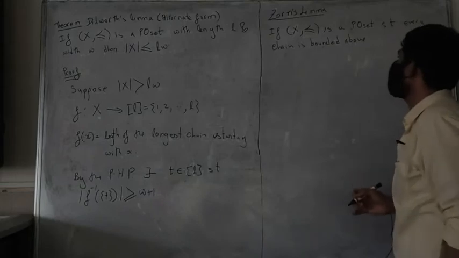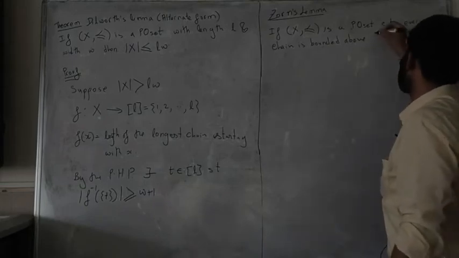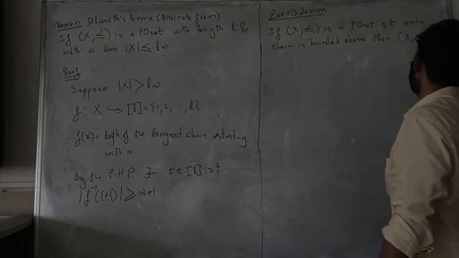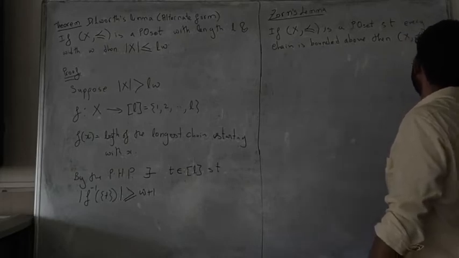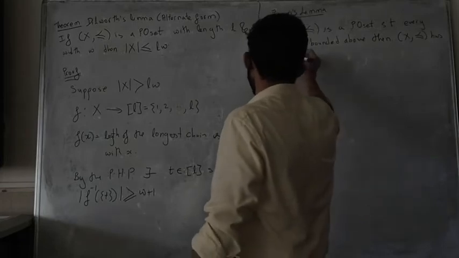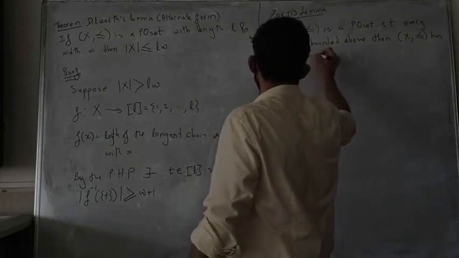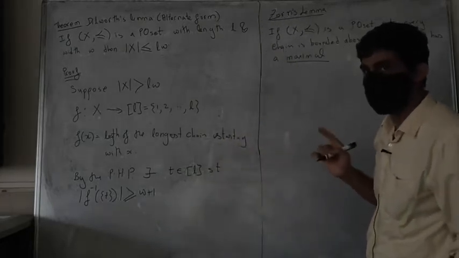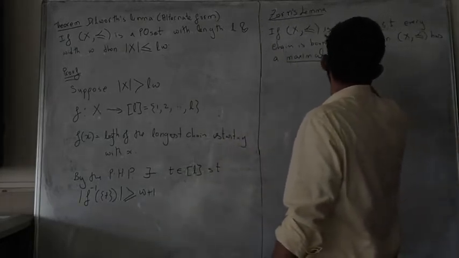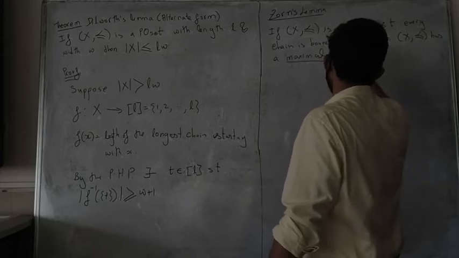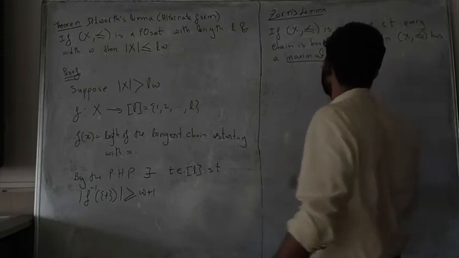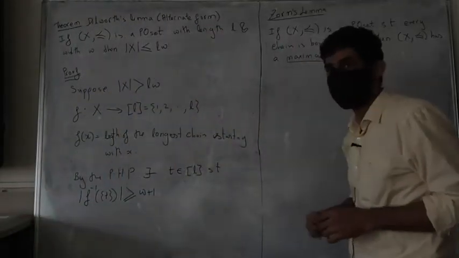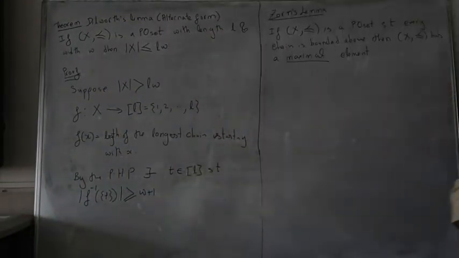So every chain is bounded above, then x with less than or equal to has a maximal element, and not a maximum element. Okay, so that's your Zorn's lemma. This is the assumption which we are making. You should know what we are making to prove this statement.